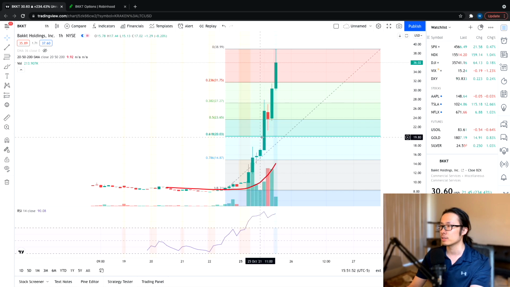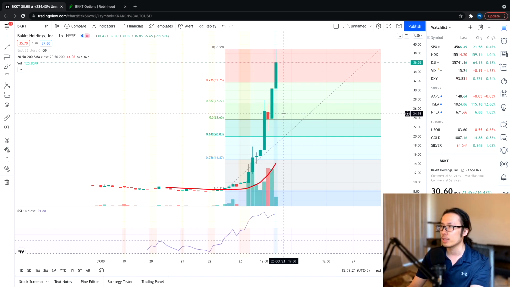My trade idea for you is that we're looking for a pullback. If it doesn't open up tomorrow and go all the way up again, and if we see a pullback, I'm looking to buy in this area around $25 to $23-ish, because you can see this is actually a pretty good price support level and a Fibonacci support level.